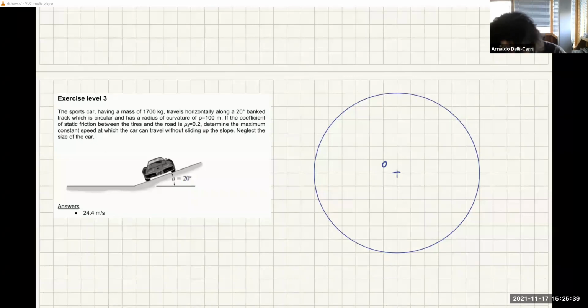This is the center of the track. And let's say we are here with the car. So the radius of curvature of this track is this one, rho.